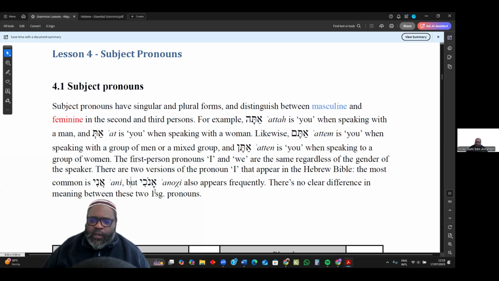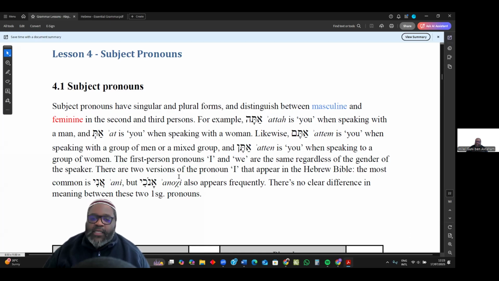What's the difference between the two? There's no difference, but aniki has a kamatz, so it's a long A sound. And ani has a chataf patach, which is a half patach, so it's a short A. Ani means me or I, or aniki.